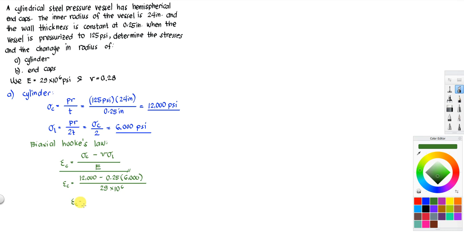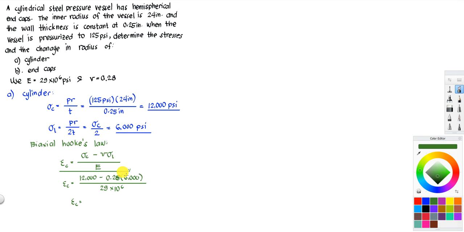So we have the circumferential strain. So 12,000 minus 0.25 times 6,000 all over 29 times 10 to the 6. So that is 3.62 minus, it's 0.28. Sorry, it's 0.28.